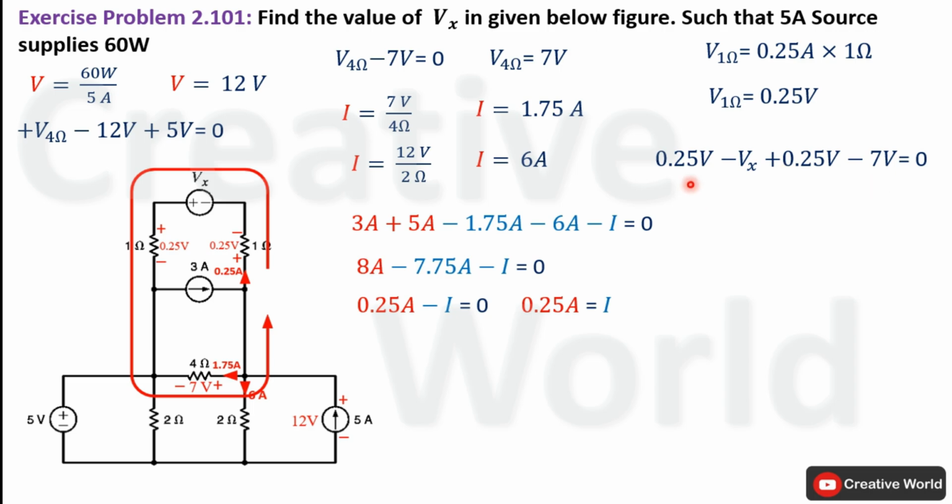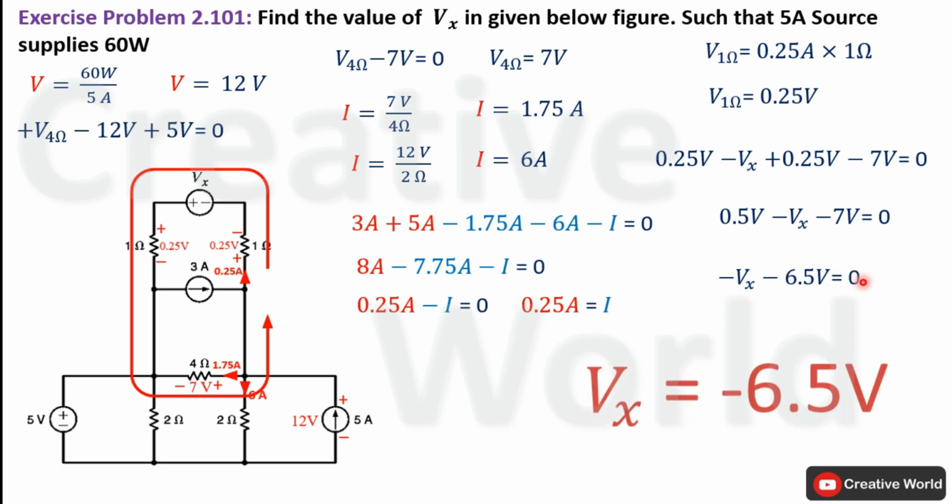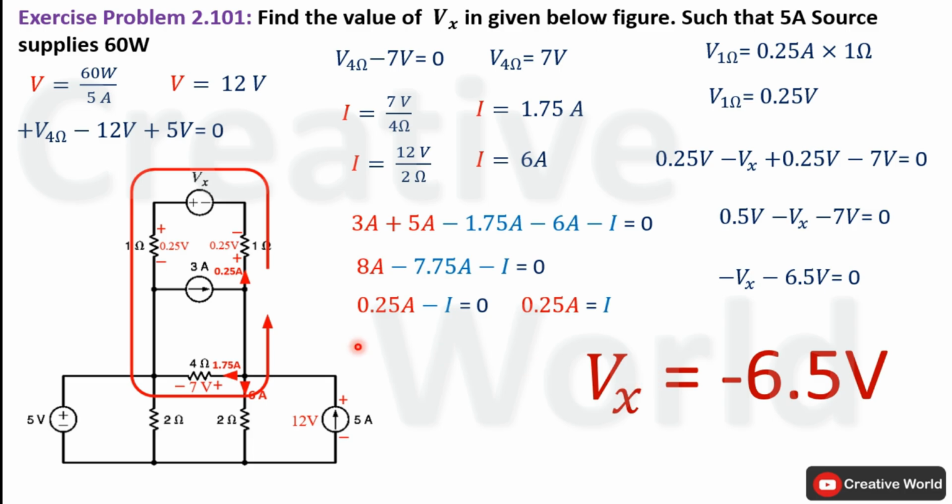Now add these both voltages together, their sum will be equal to 0.5 volt, and subtract 0.5 volt from minus 7 volt, the answer will be minus 6.5 volt because the larger value has minus sign along with it. Place this minus Vx on the other hand side of equal to calculate its value. So the value of Vx inside this network will be minus 6.5 volt.